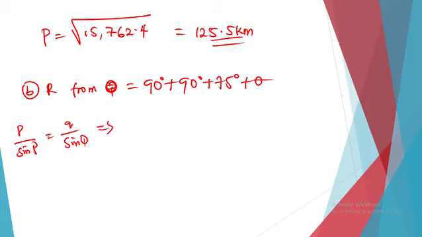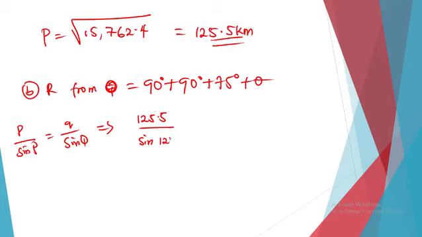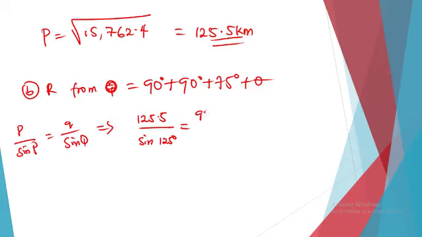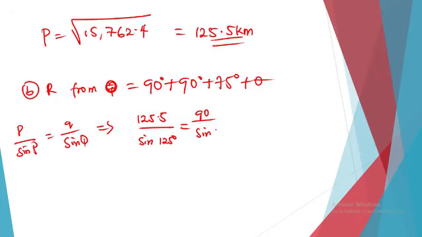Okay, let us start. What's the value of our P? Our P is given to be 125.5 all over sine of the angle at P, which is 125 degrees, equal to our line Q. What's our line Q? 90 kilometers. So we have 90 all over sine Q, which is not given, which is theta. So we have sine theta. Okay, let us proceed.